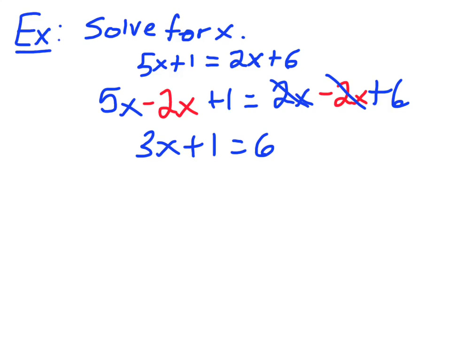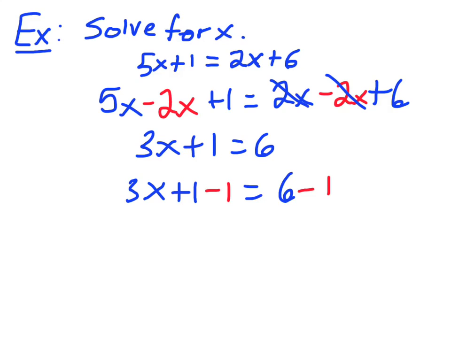Now I've got to get rid of that plus 1, so I'm going to subtract it from both sides. 3x plus 1 minus 1 is equal to 6 minus 1.